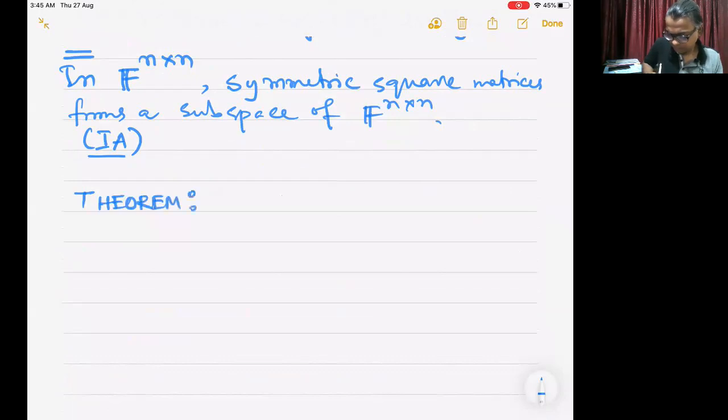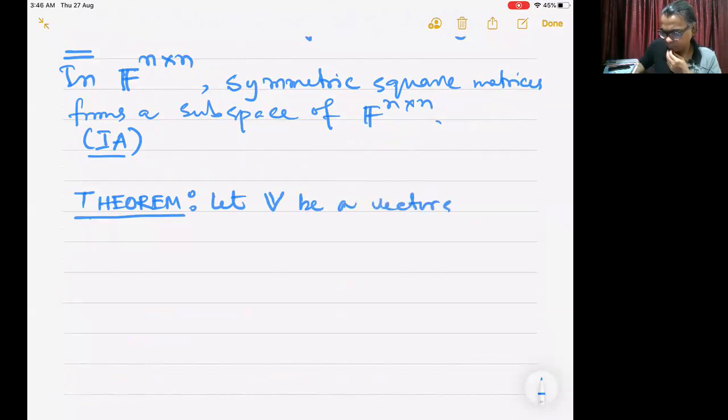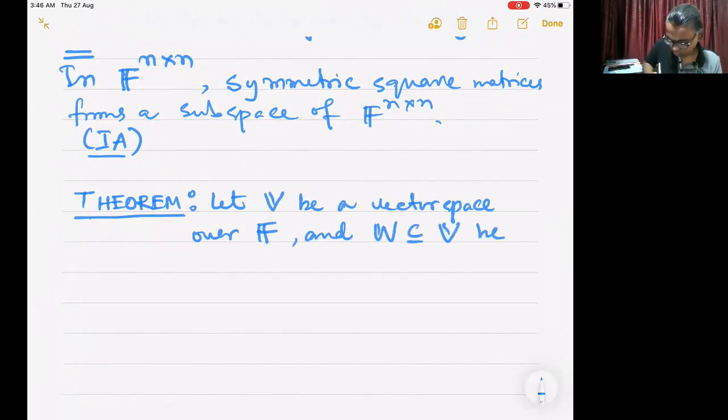What does it say? Let V be a vector space over a field F, and W be a non-empty subset.